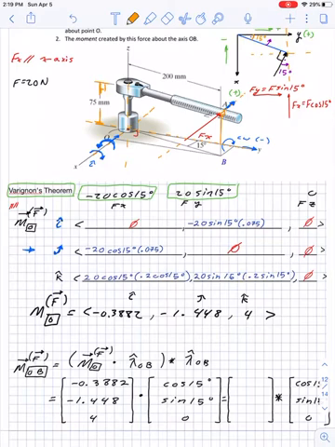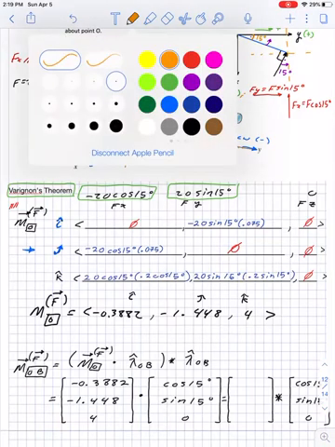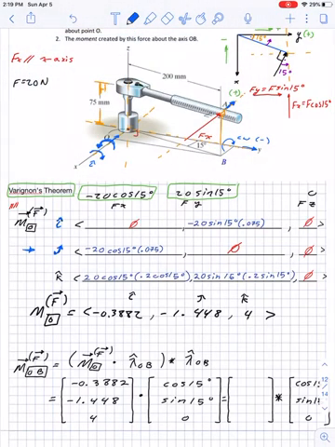Now let's see what happens when we pull in this direction again. What happens to the z? Well, as I'm pulling it, this tool has the tendency to rotate like this. And if we put our finger towards the positive z direction, we could see that this is counterclockwise, which is positive.